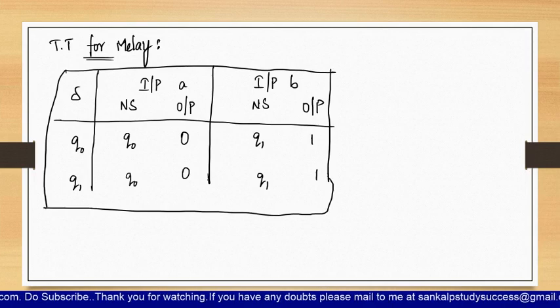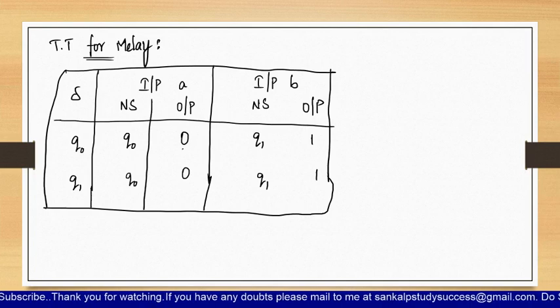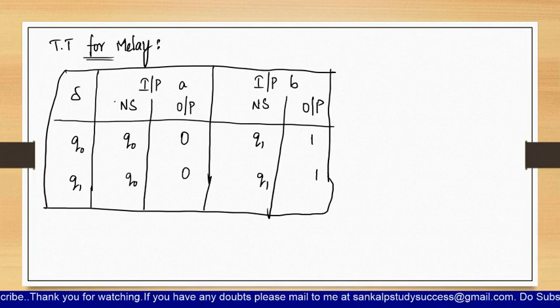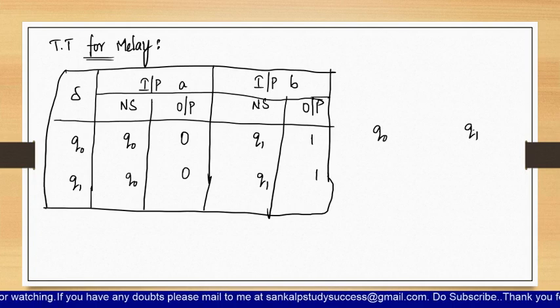So how do we draw the transition diagram? Let us draw the table completely and then we'll see how to draw the transition diagram. Now the transition diagram consists of only two states, Q0 as well as Q1. And for the Moore machine and the Mealy machine, Q0 is the initial state.